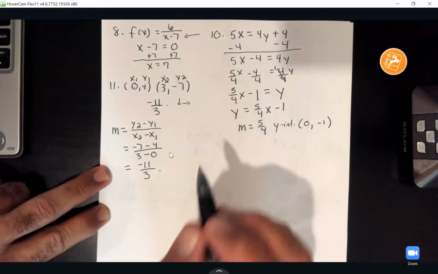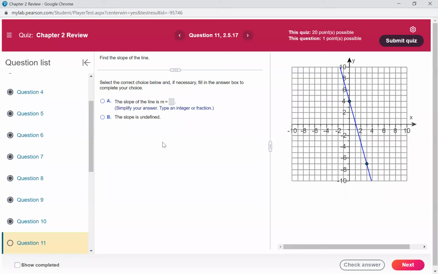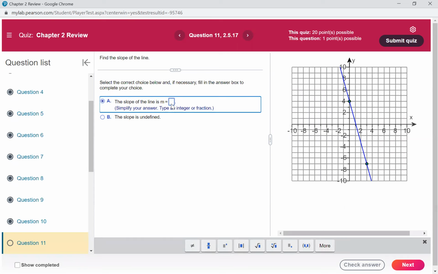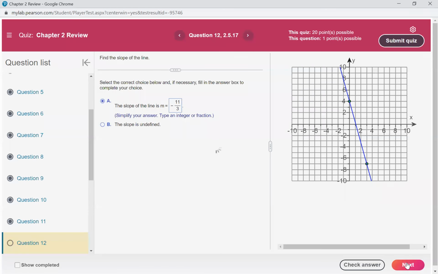So any method you like, do that on that number 11 and get that slope, okay? And remember, when a line goes downhill from the left to the right, it's got a negative slope. So y'all, I would come into here and put my negative 11 divided by 3. So my negative 11 thirds slope, then hit next.